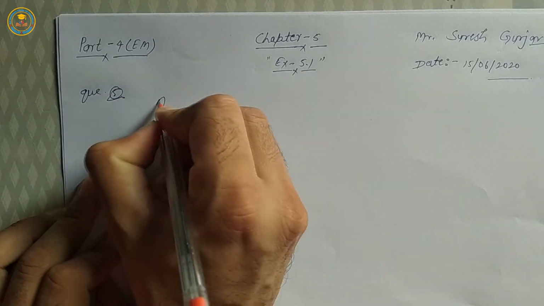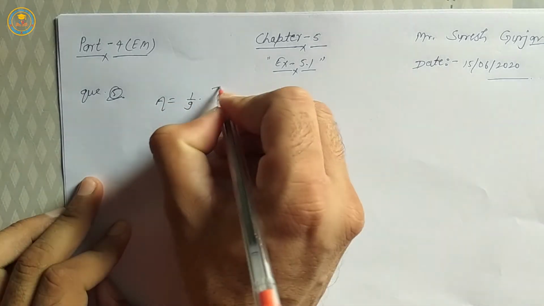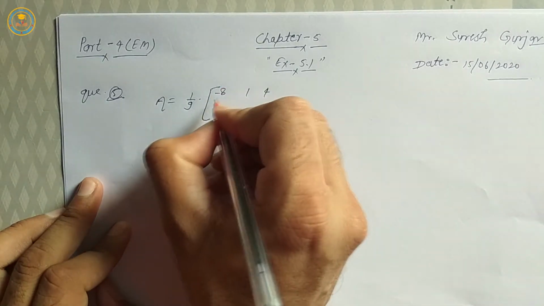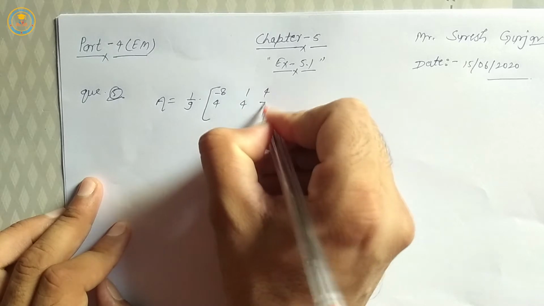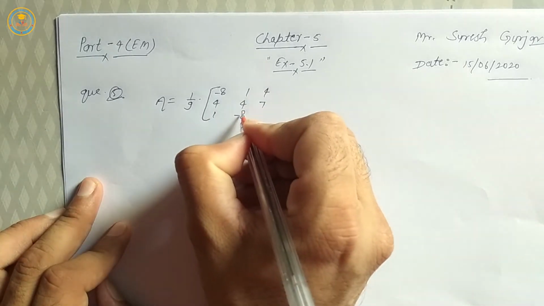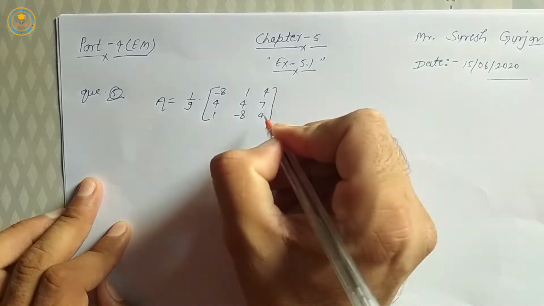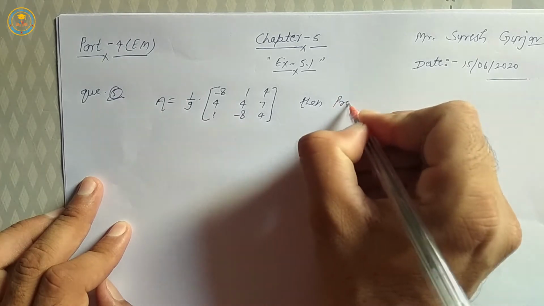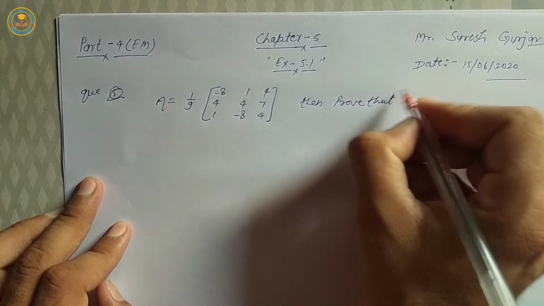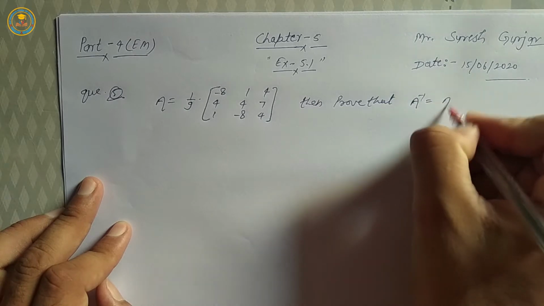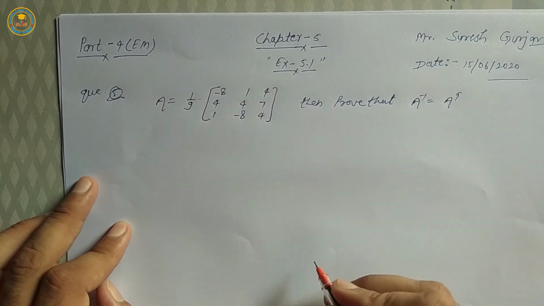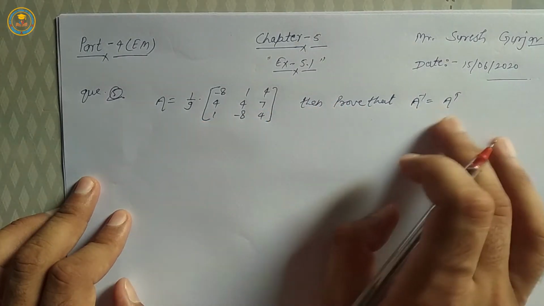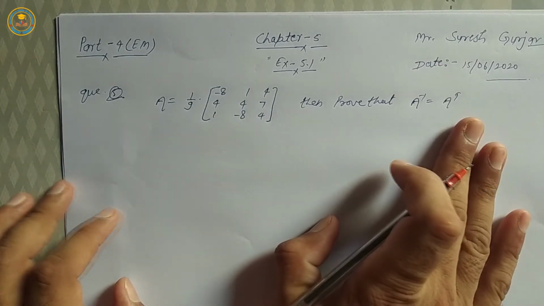If matrix A is equal to 1 upon 9 into the matrix [-8, 1, 4; 4, 4, 7; 1, -8, 4], then prove that A inverse is equal to transpose of matrix A. Left is equal to right.